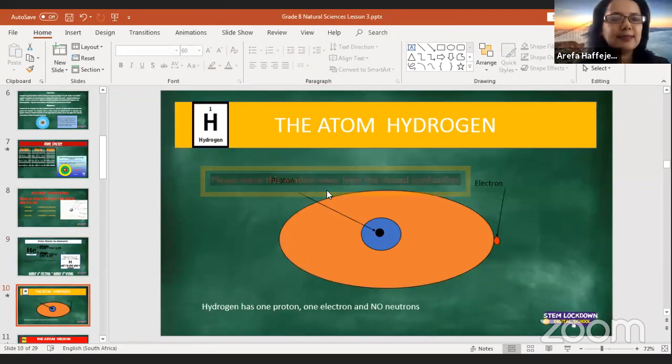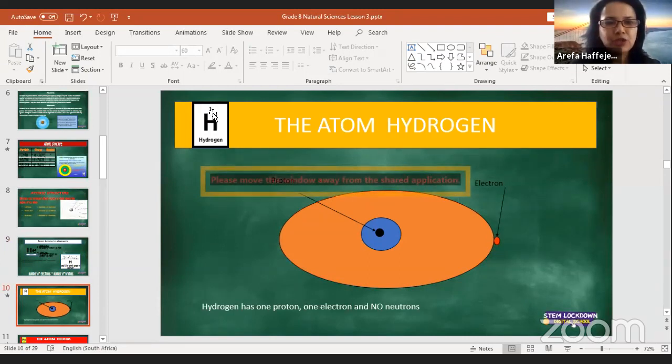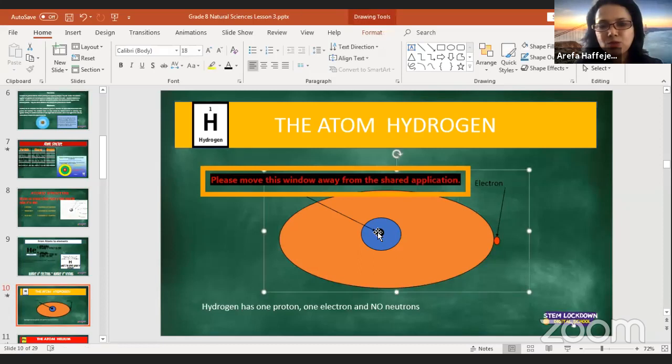Okay, so let's look at the composition of hydrogen. So hydrogen, the symbol is H, the atomic number is 1. And hydrogen has one proton and it has one electron and it has no neutrons. So here inside it has one proton.